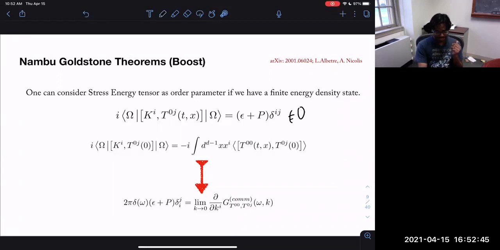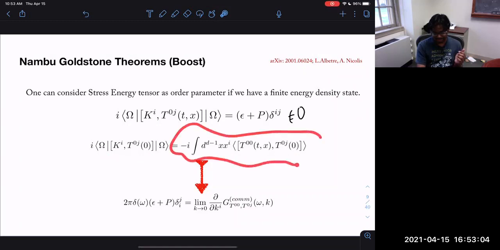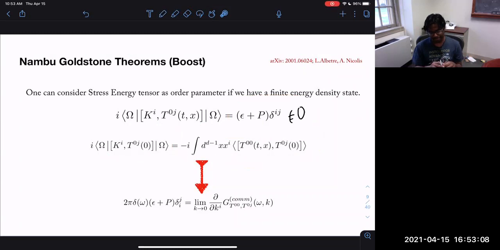On the other hand, you can take this generator Ki, and of course, Ki is related to, as I said, T0i and T00. So basically, you can also rewrite this equation in terms of an integral of this commutator. This tells you that this integral of this commutator is related to this quantity in this way.